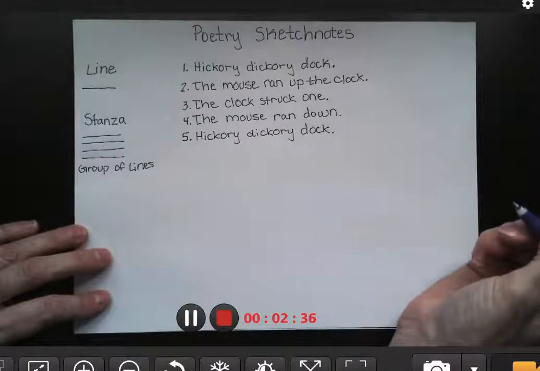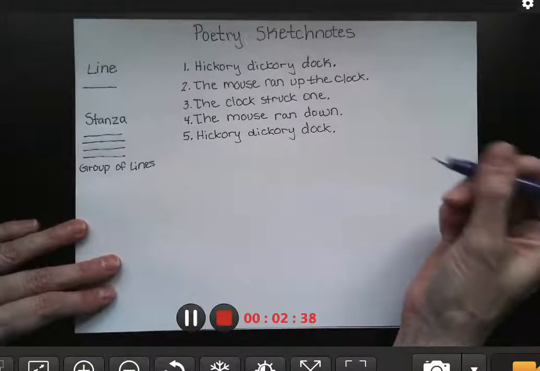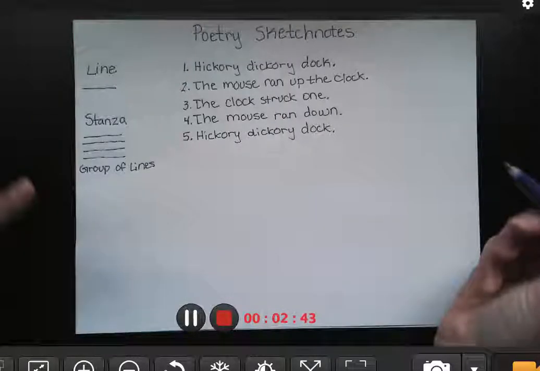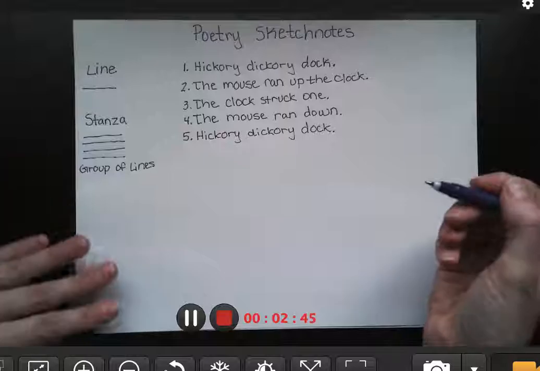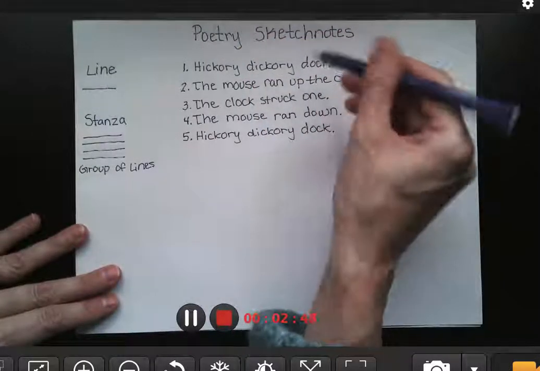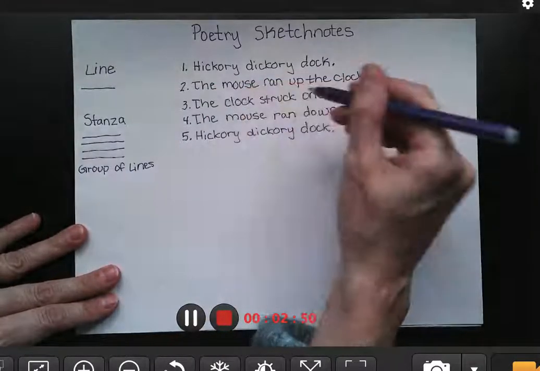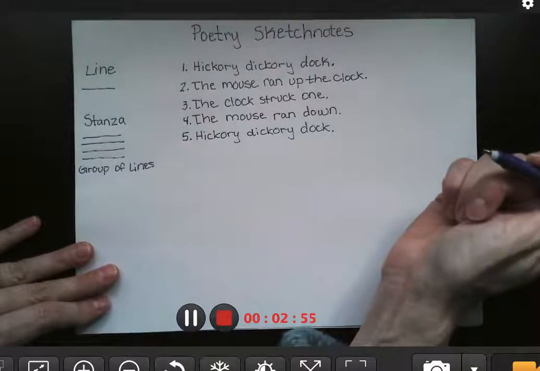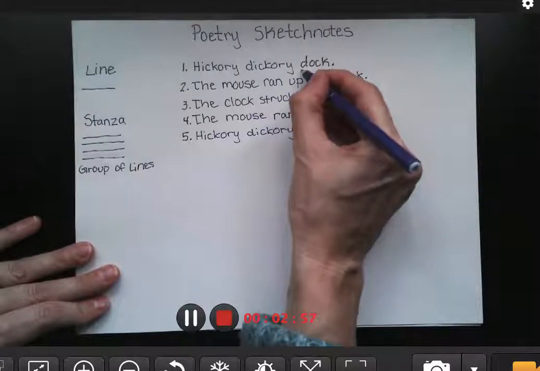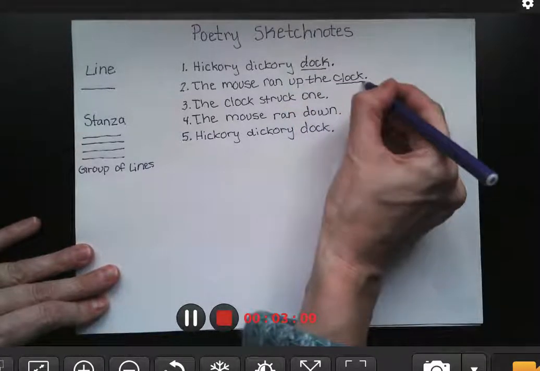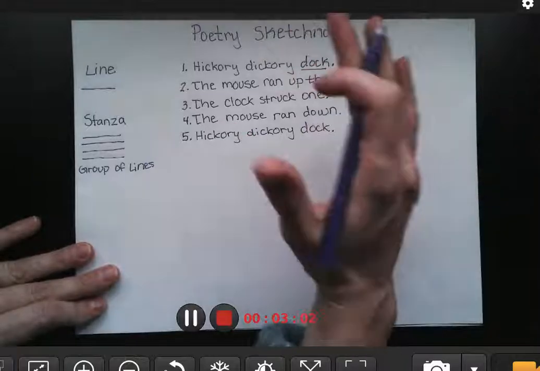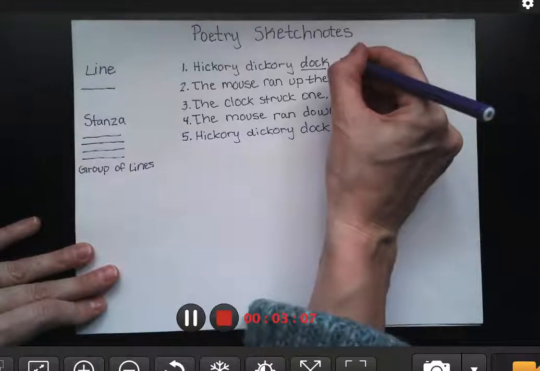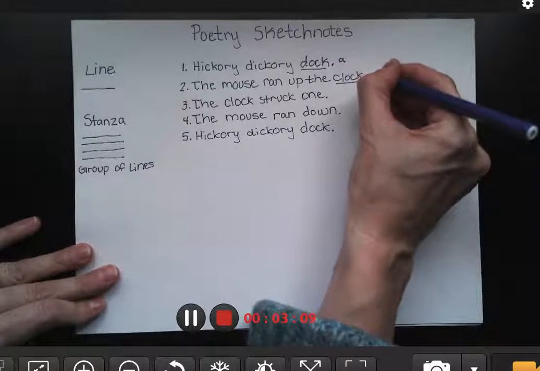Now let's talk about the rhyme. Now we know that when two words sound the same at the end, it rhymes. In this case, Hickory, Dickory, Dock. The mouse ran up the clock. What two words rhyme in those two lines? You're right, the words dock and clock. And because those two sound similar, we are going to label these lines our A lines.